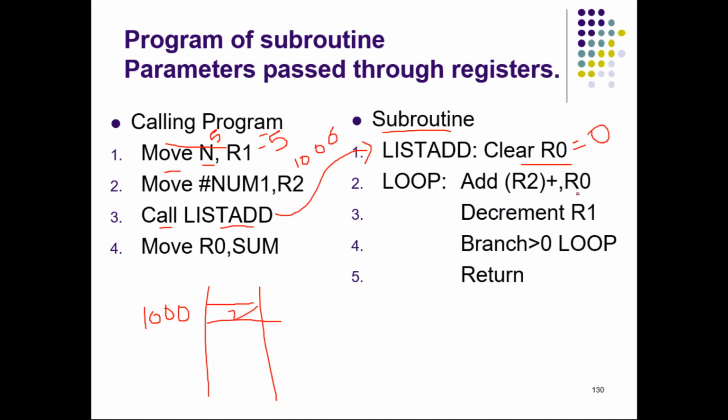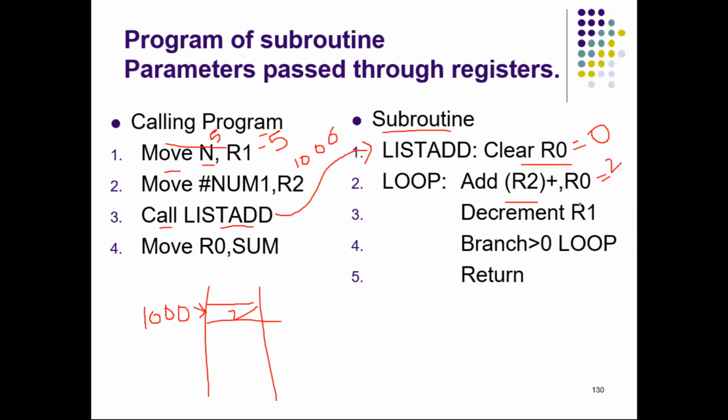Add r2 plus r0, what does it mean? Here we are using register indirect addressing. The memory is specified indirectly through the registers. So R2 is referring to location 1000 which contains the value 2. So 2 plus R0, R0 is 0, so 2 plus 0 is 2. The result will be stored in R0.